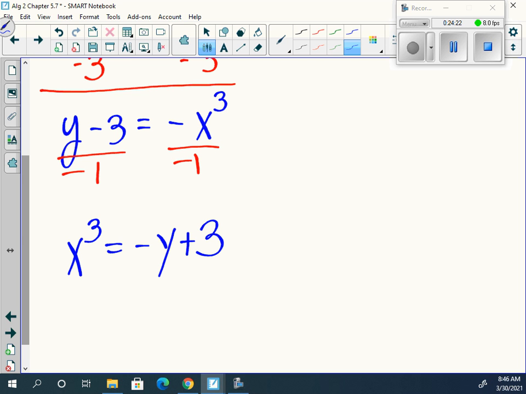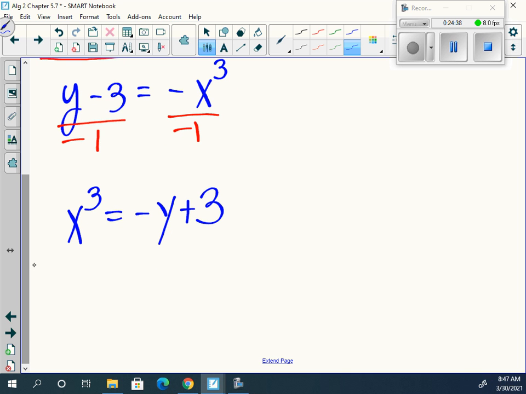When we divide by the -1, we're changing the signs. And I feel at this point, y'all are comfortable enough that we can do that sign change without having the step in the middle. That's really what we're doing, we're flipping the signs of everything here. Since x cubed was negative, it's now positive. Since y was positive, it's now negative. And since 3 was negative, it's now positive, yes?